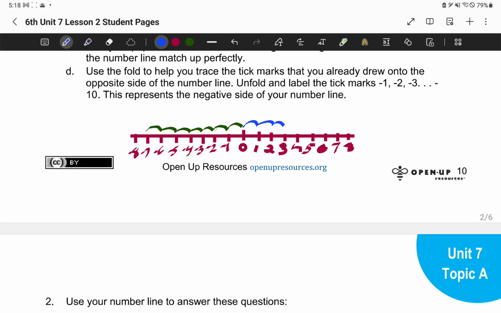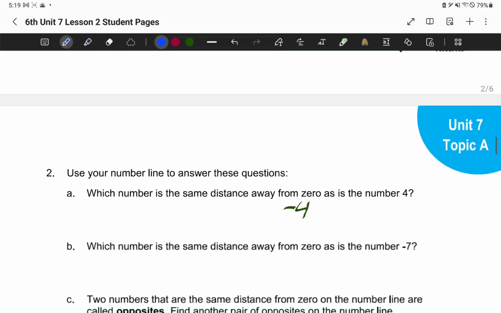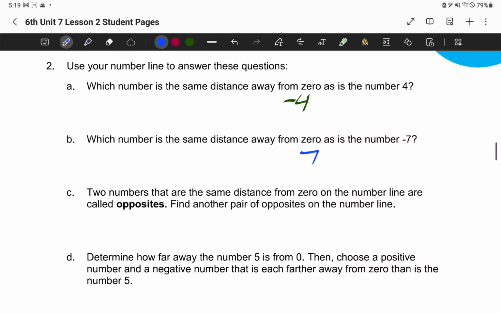And that's +7. Two numbers that are the same distance from 0 on the number line are called opposites. Find another pair of opposites on the number line.